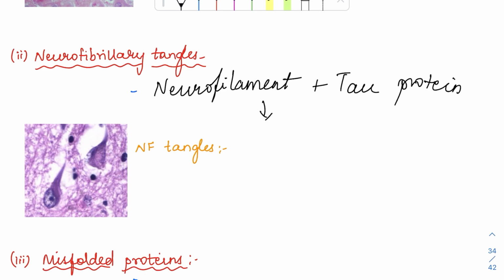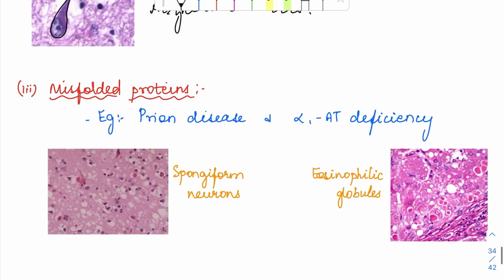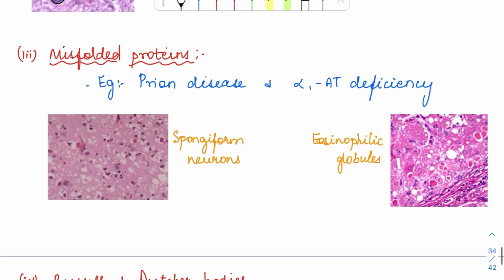Neurofibrillary tangles are characteristically seen in Alzheimer's disease. The cells have a flame-shaped appearance, and they are composed of neurofilament and tau proteins.